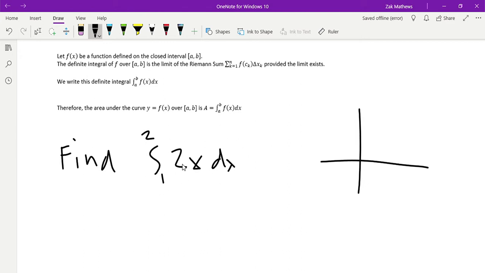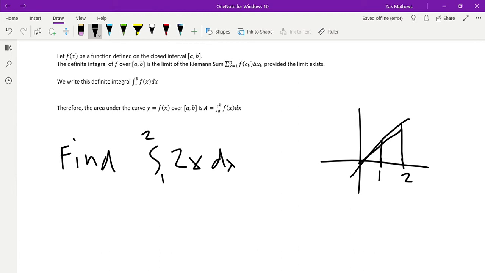We know that this is just a line passing through 0, 0, and we want to know the area between 1 and 2. So we're looking for the area of this shape.